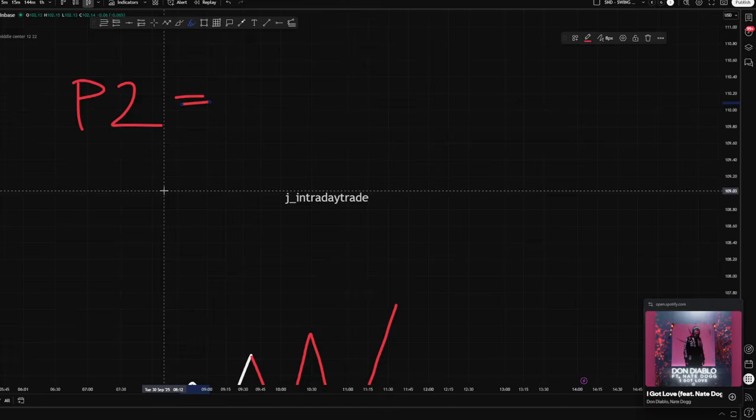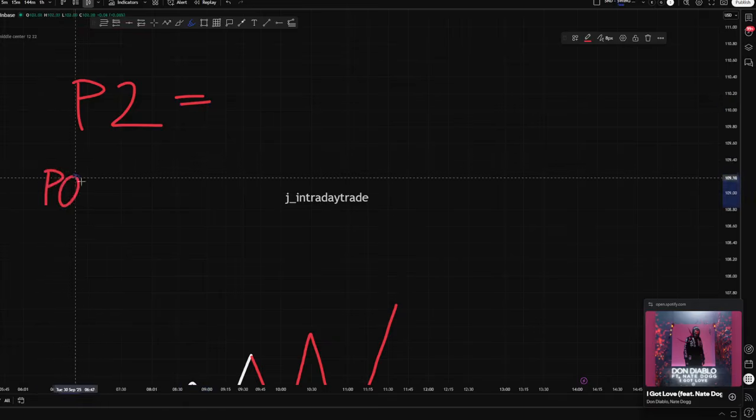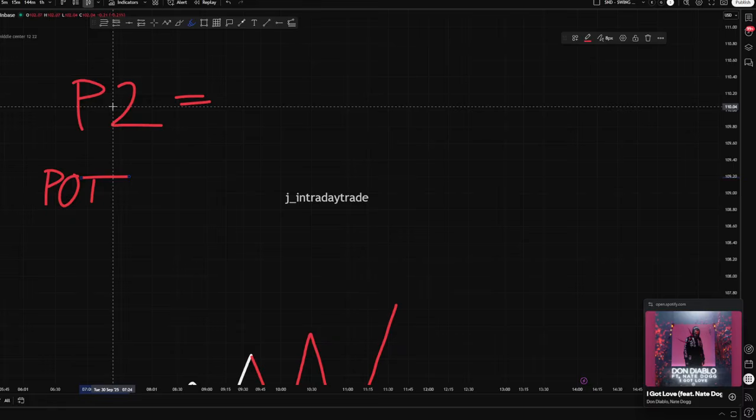It's not part two. It's not power two. It's nothing like that. It's simply potential. It means that the two might be created here. This is the area we're looking for a two. Hence, it might be a two.